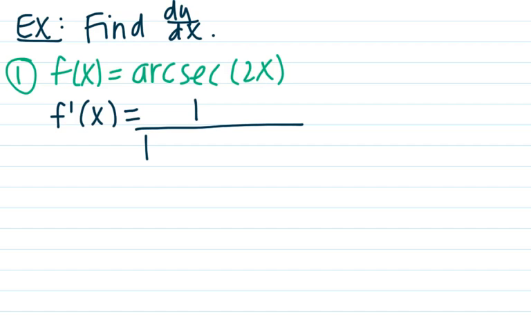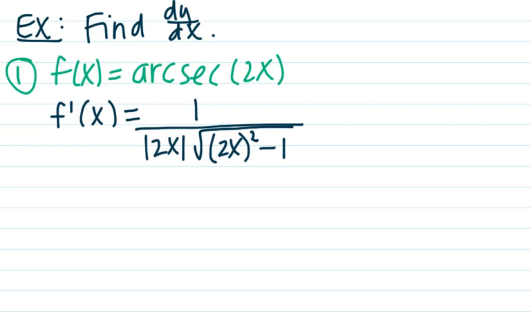In all of our examples, we just had a plain x without any coefficients or anything else. But it's whatever's in the actual function, the inside function. So here I'm going to have absolute value of 2x, and the square root of that same inside function squared minus 1. Okay, that's step 1.